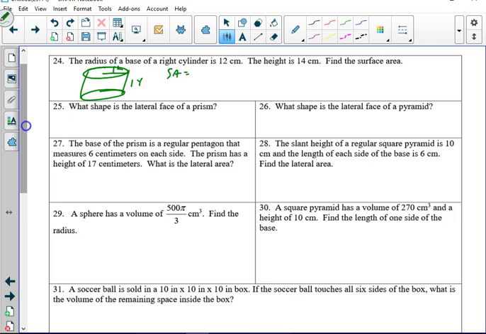Well, the surface area is going to be, diameter 24, it's 2 pi RH, but 2 times R is the diameter, 24, times pi, times H, so 14, plus 2 times the area of the base, which is going to be 12 squared, 144 pi.